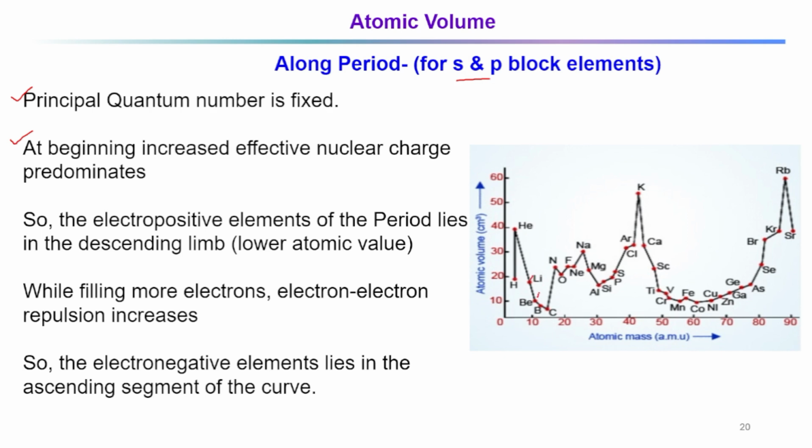When we go from left to right, the effective nuclear charge is increasing because we are adding more protons. So at first, the effective nuclear charge predominates. The electropositive elements of the period lie in the descending limb, with lower atomic volume. So when we increase the number of protons from lithium to beryllium to boron, the effective nuclear charge is more. Because of that, the nucleus is attracting the electrons. I'll draw it again.